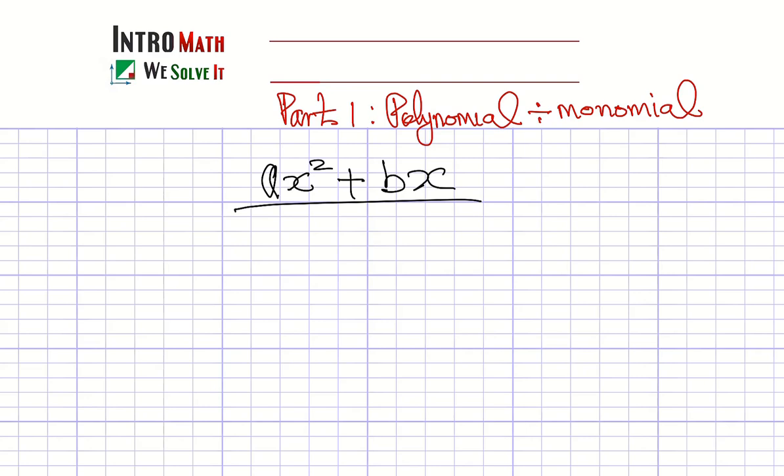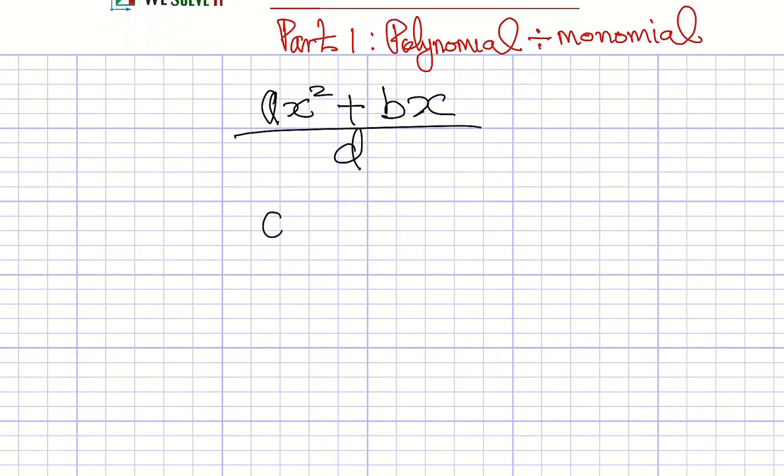You could divide it by a small d. Let's say we divide it by d, or we could have ax raised to the power 2 plus bx, and we divide it by dx. You see that, right? That's what we're gonna be dealing with in part 1. Something like this.